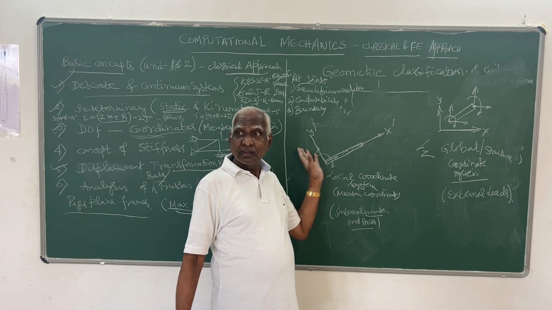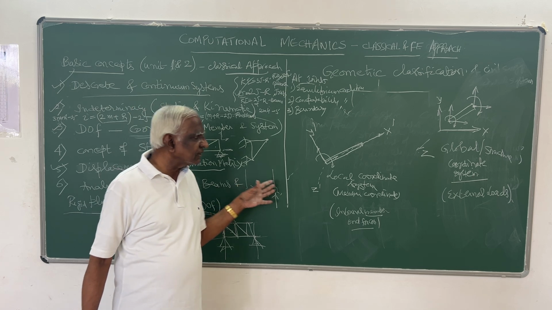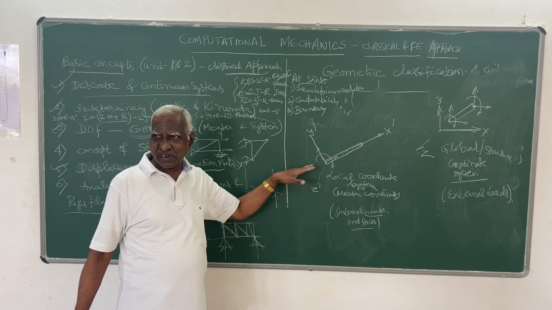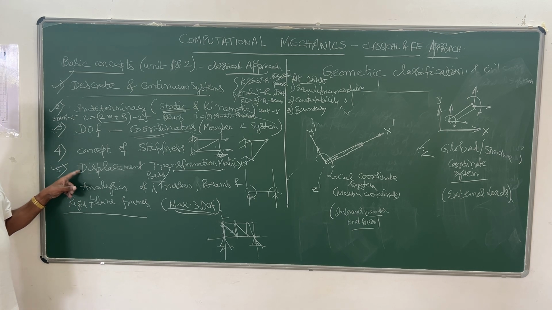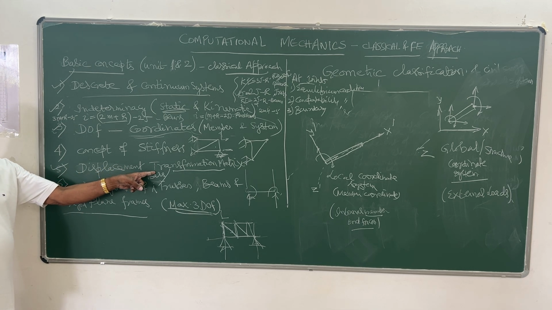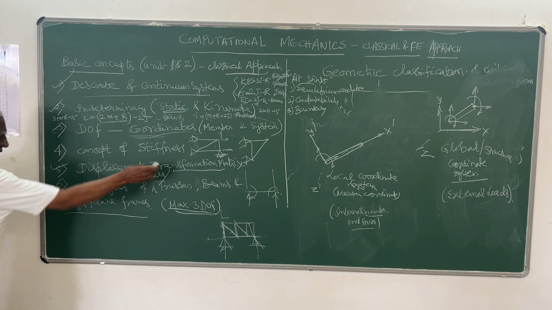But the internal forces developed, we define with respect to another coordinate system, the internal local coordinate system, and they have to be interrelated by what is known as the coordinate transformation matrix. So that I will tell you.